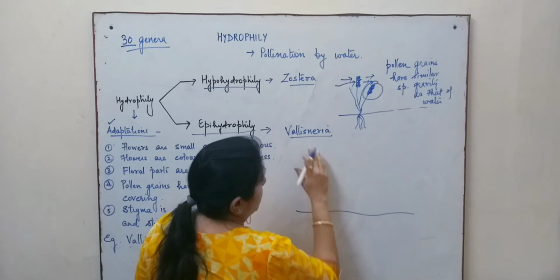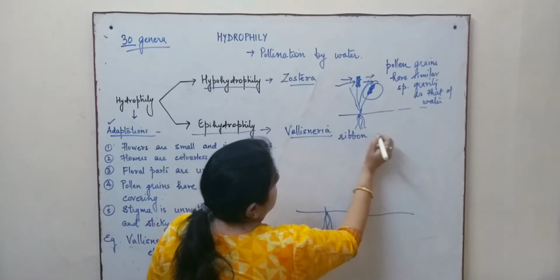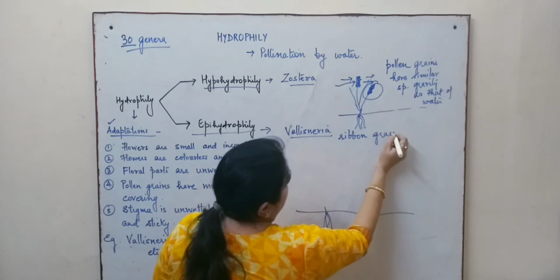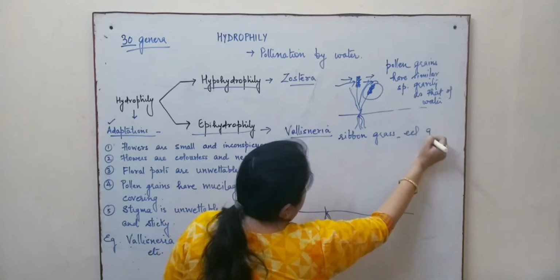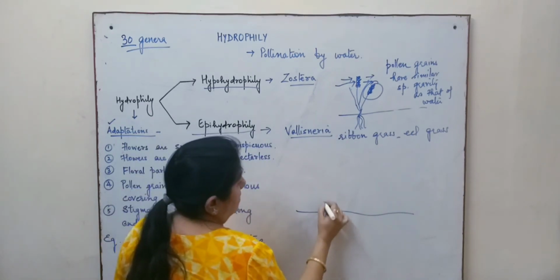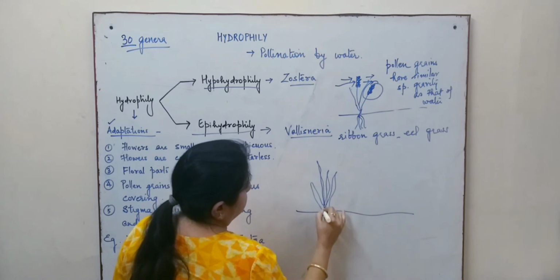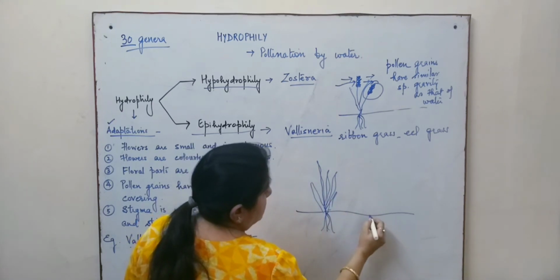It is known as ribbon grass or eel grass because it has long, wavy, ribbon-like leaves. Here is the female and the male.